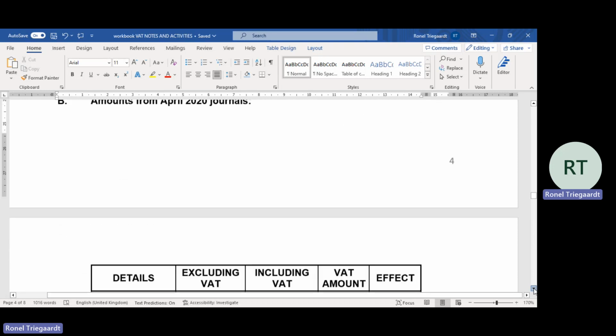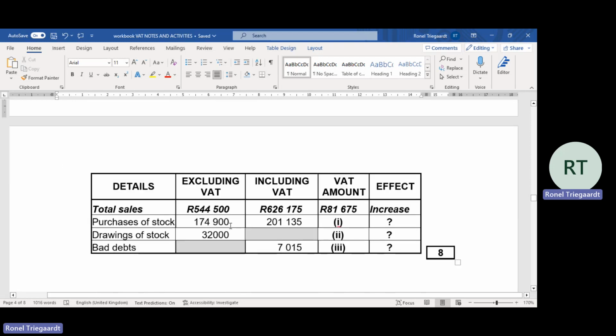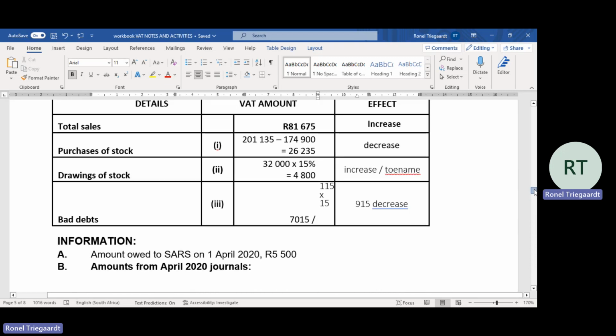Amounts from the April 2020 journal. Purchases of stock. That is including the VAT amount. How do I know what the VAT amount is? Ek het daarbo ook geskryf, I must take the amount including minus the amount excluding. Including minus excluding. That is the amount of VAT you paid on your stock.